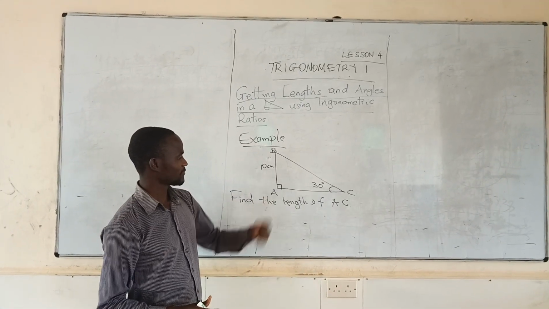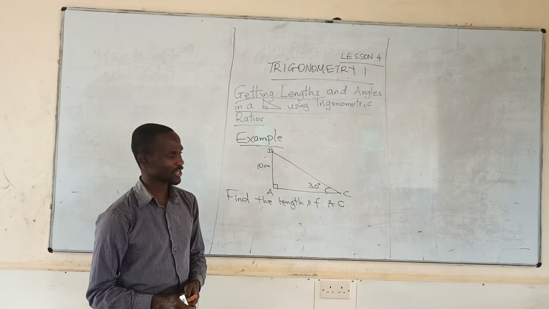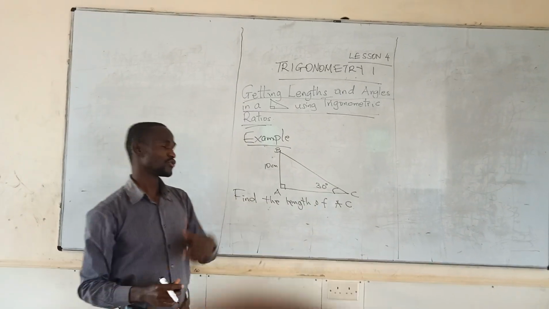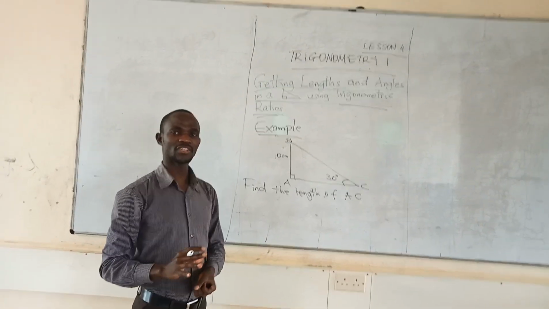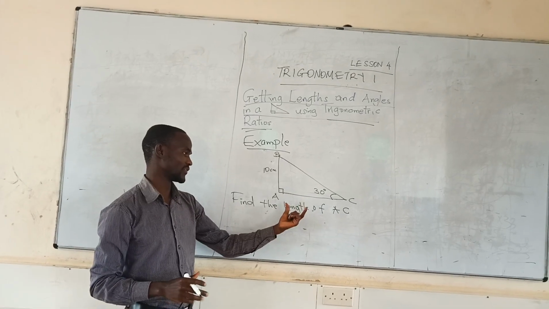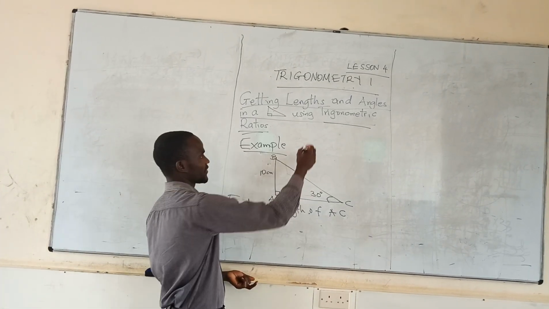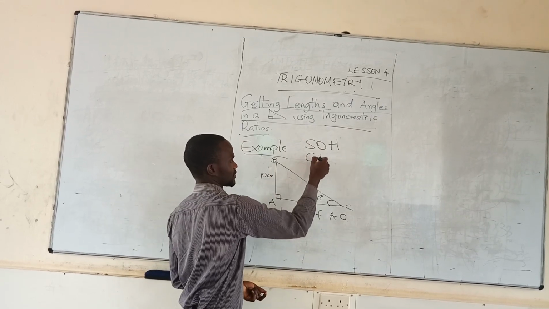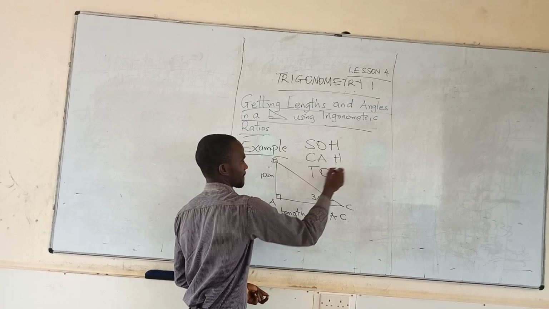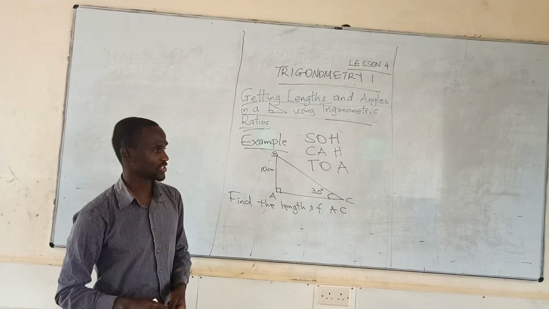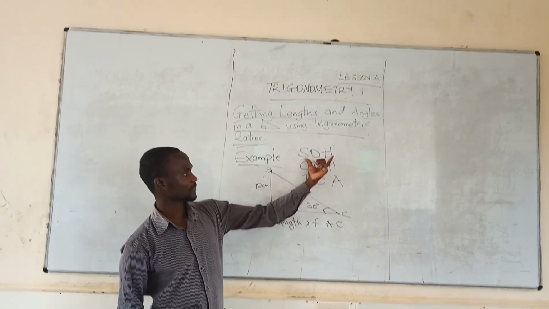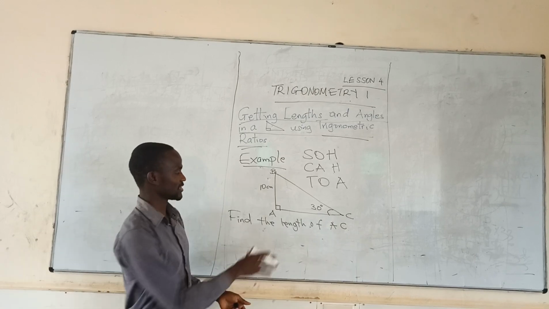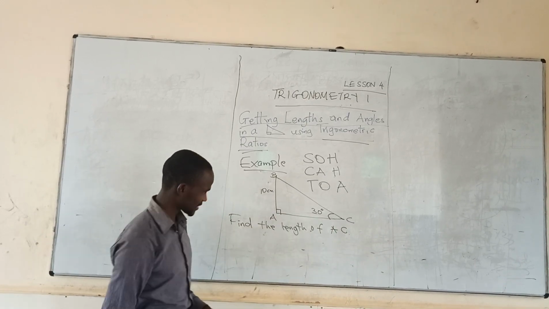Now, if we look at this right angle triangle, and we talk of the trigonometric ratios, given such a question, you want to see which trigonometric ratio will help you to find the length you've been asked. Remember the mnemonic we used, SOHCAHTOA. Now, we want to see, will the sine, the cos, or the tangent help us in getting this particular side AC.